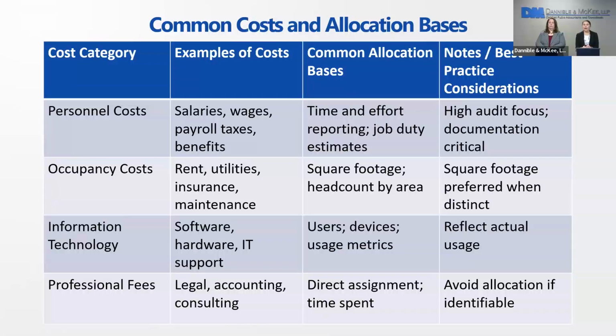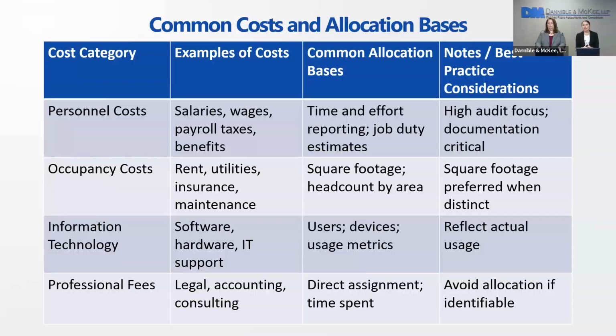Are you buying one item for the entire organization? Are people sharing devices? Those circumstances are what's going to drive your cost base. And your best practice is to reflect actual usage. With any one of these best practices, we want to keep in mind what's practical. It may not be practical to track every minute your individuals are using their laptops.